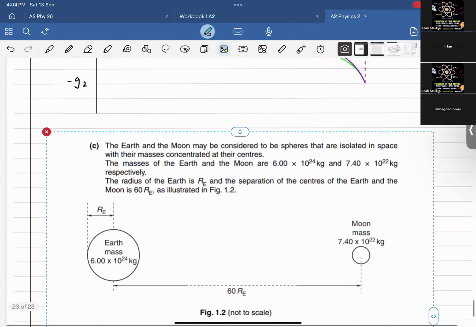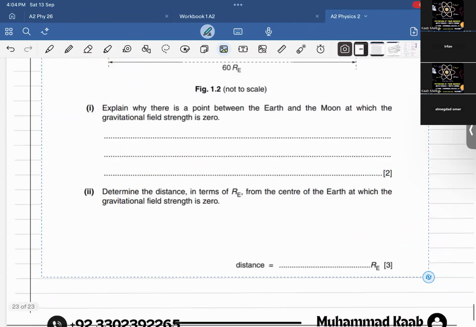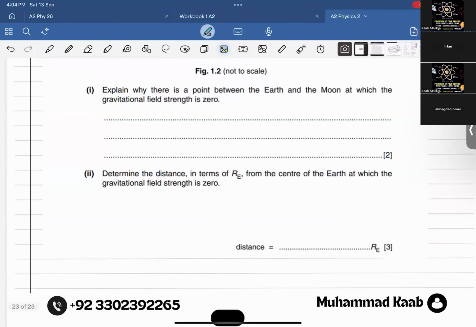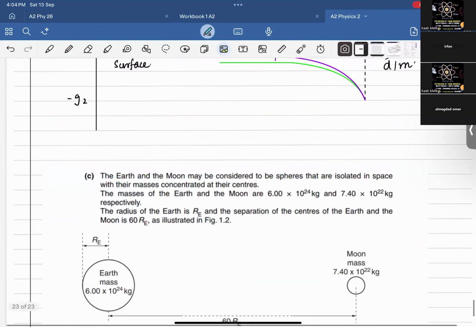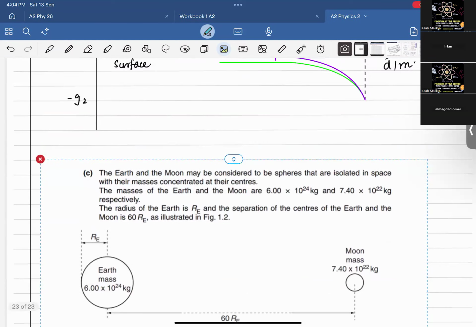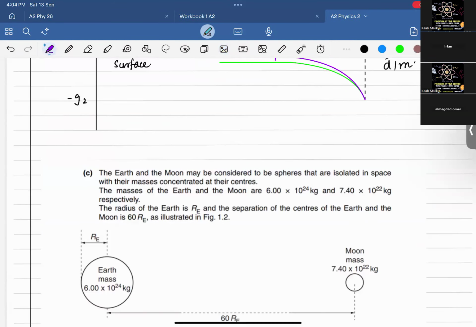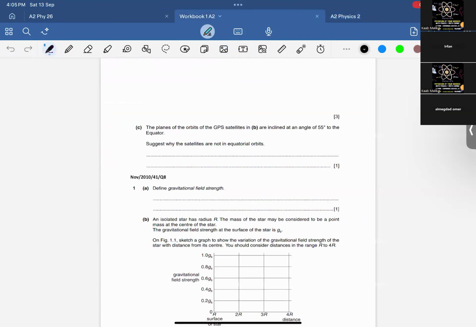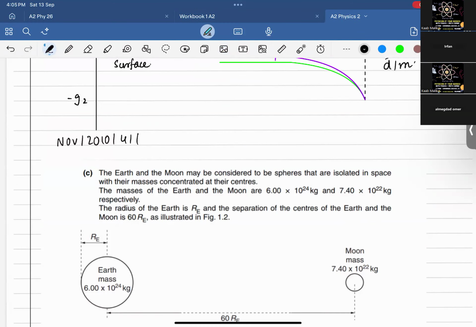Good. So it is a question from November 2010, Variant 41, Question 1, part C.